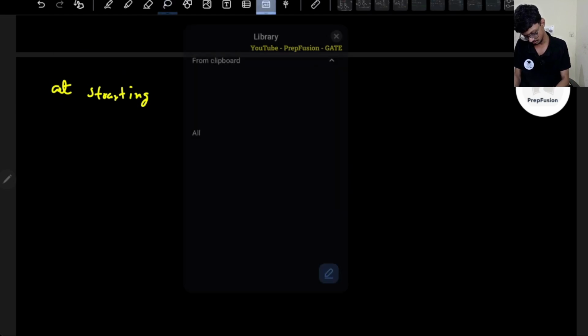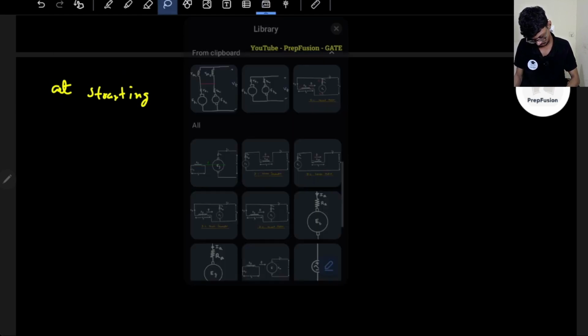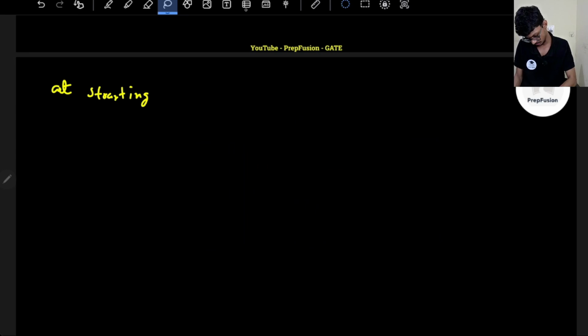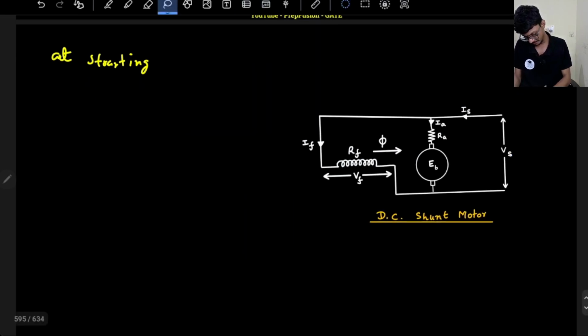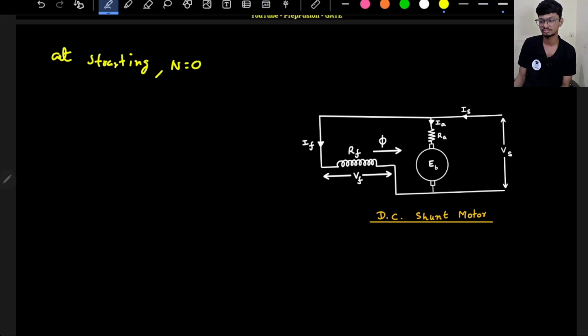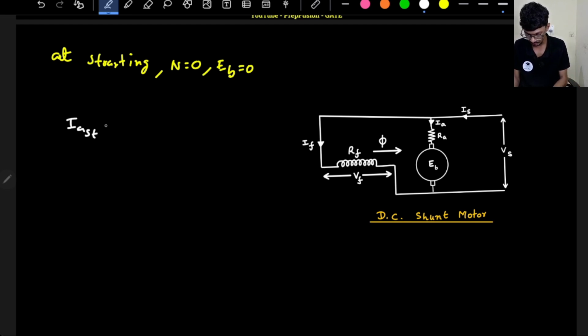If I see here, of course the machine is at rest, so speed is 0. If N is 0, there is no back EMF, E_b is 0. We have discussed this multiple times. So the starting current I_a starting will simply be equal to V_t divided by R_a, and R_a is generally very low.